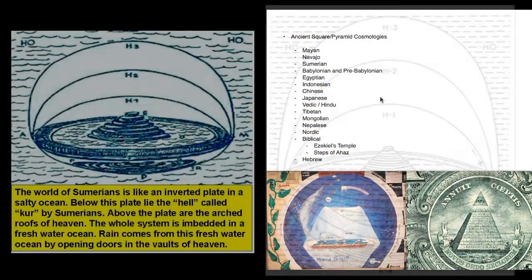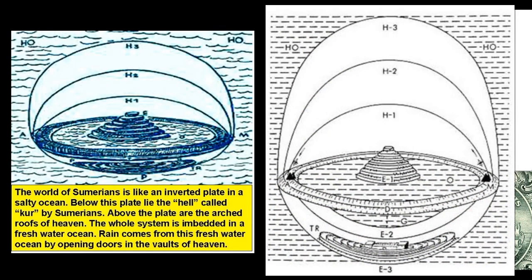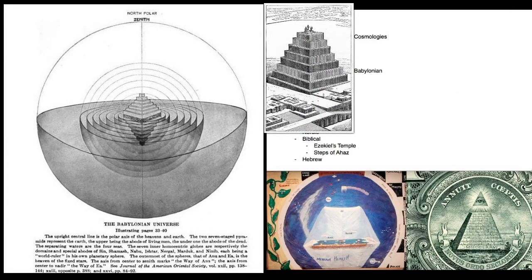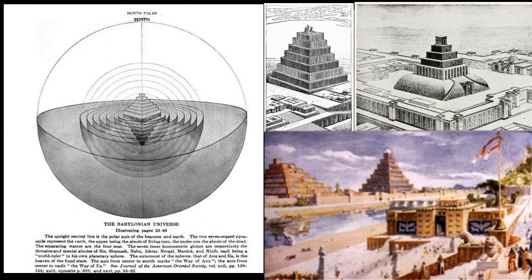We have the Sumerian model, which also features a pyramid with steps. Babylonian and Pre-Babylonian models likewise feature pyramids with steps within a spherical heaven.